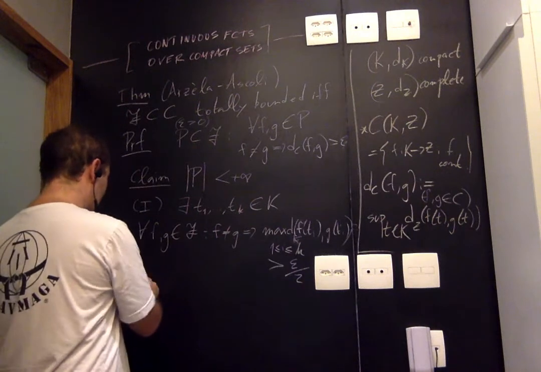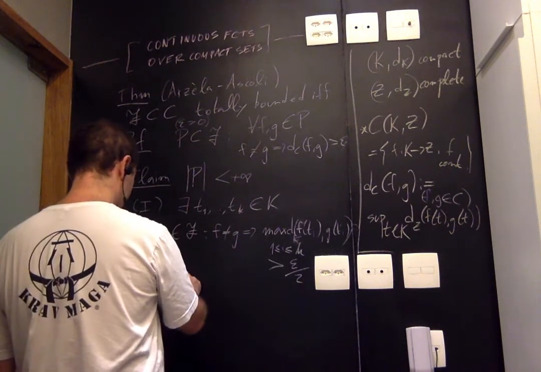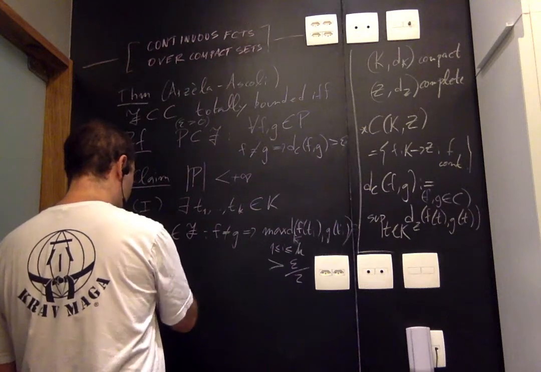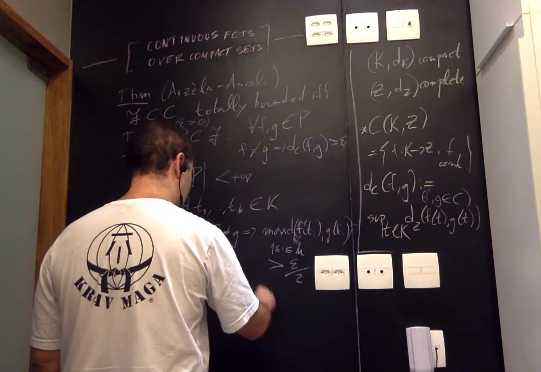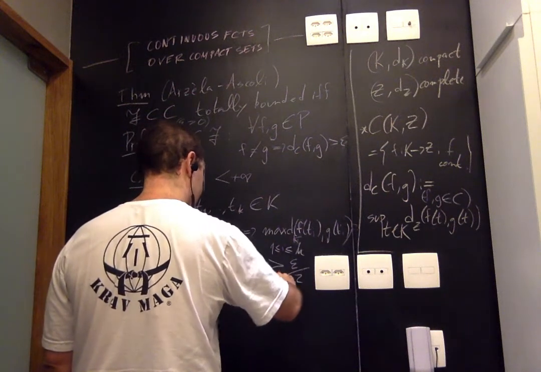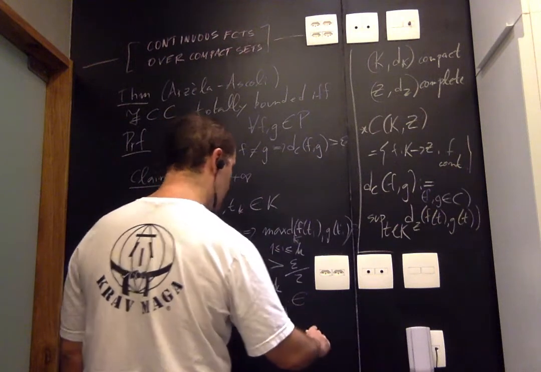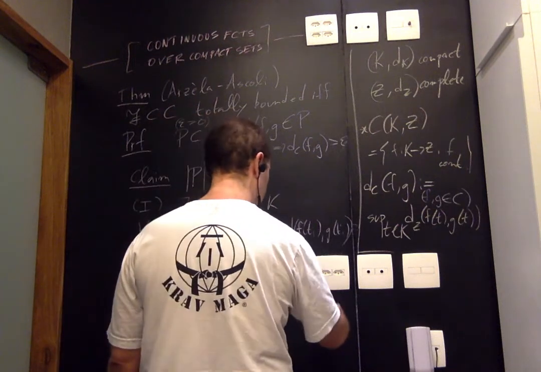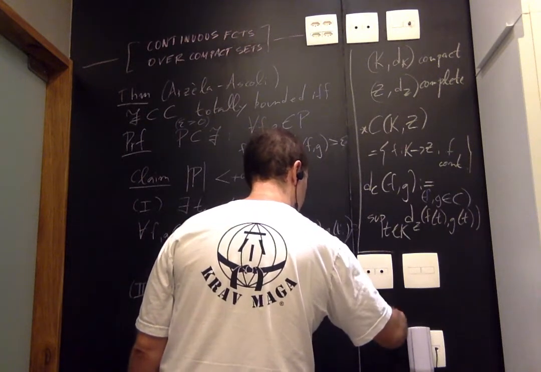So what that will mean is that for each f in the family, I have a vector of these values, f of t_i, which belongs to the Cartesian product of Z_t1 up to Z_tk.